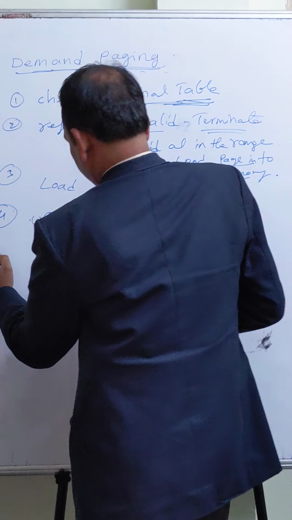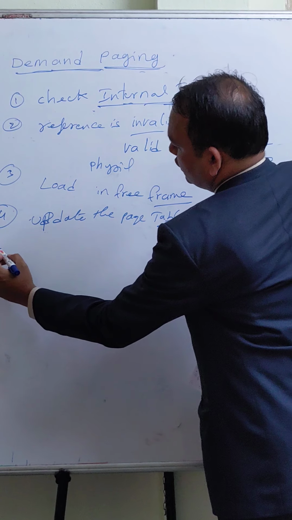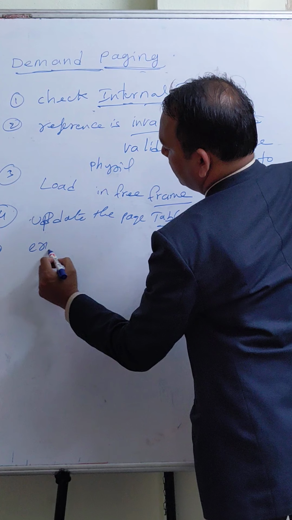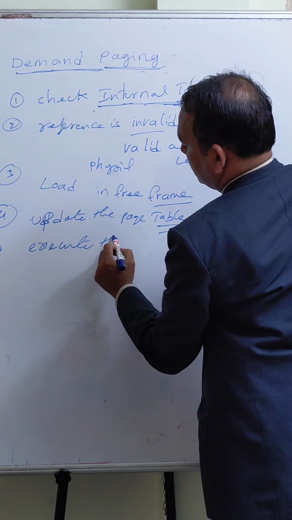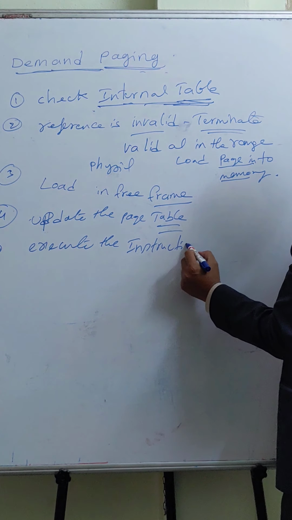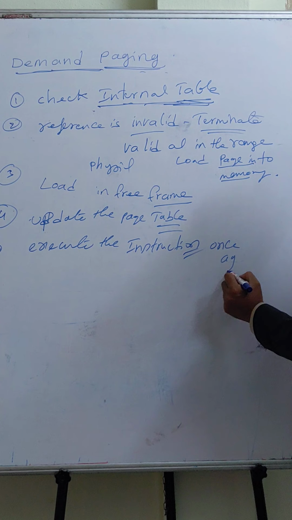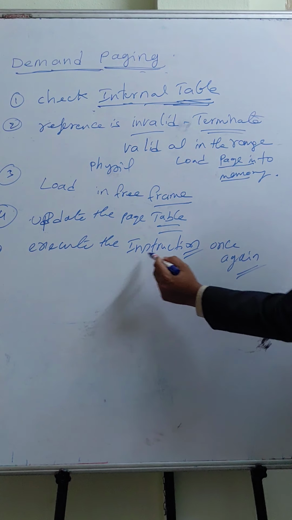Next, fifth one. Restore the instruction. Execute the instruction from the beginning. Execute the instruction once again. Why must the instruction be executed once again?